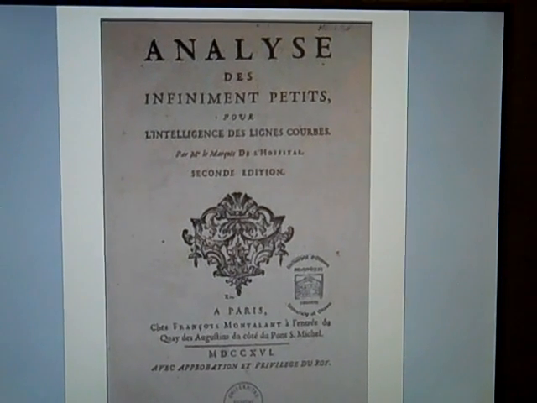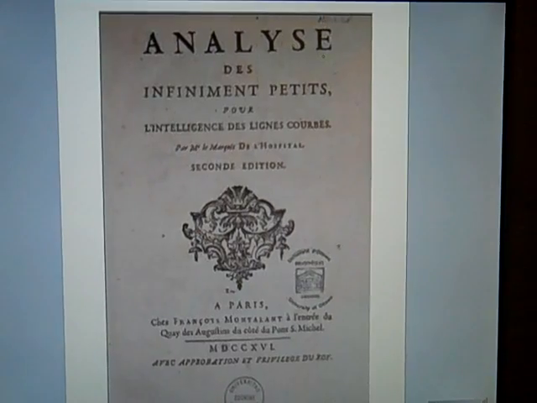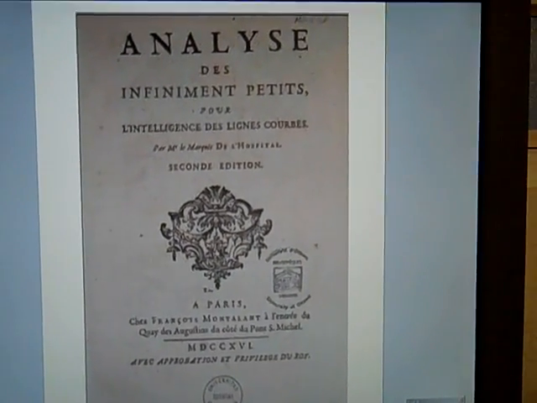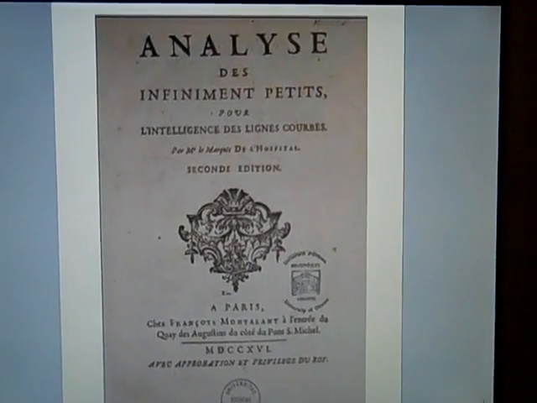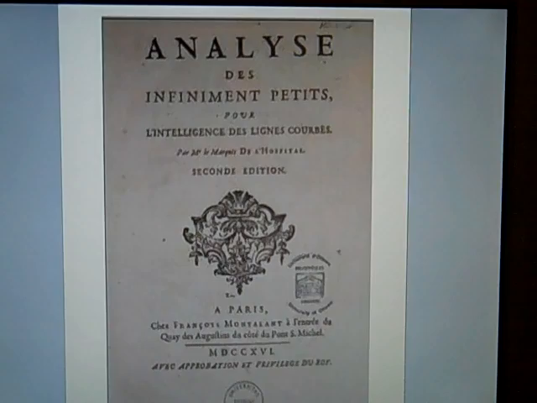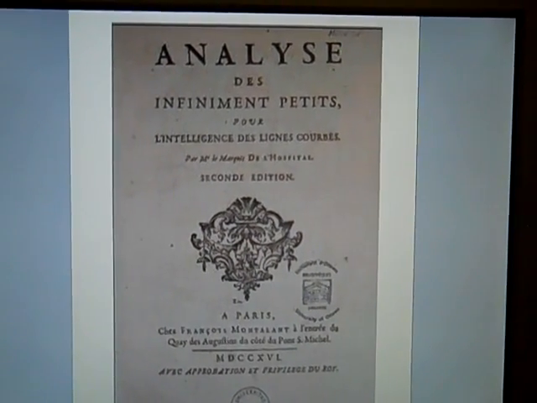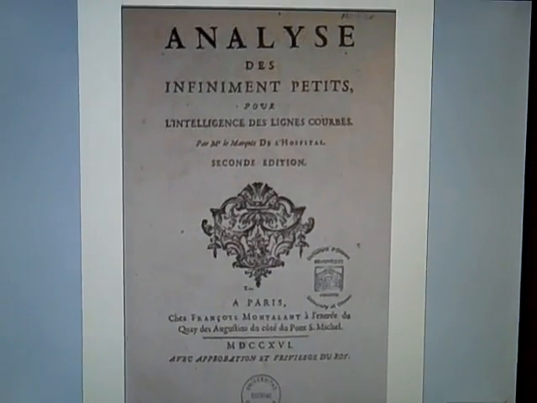And so L'Hopital paid Bernoulli like 300 francs a year, and Bernoulli would give L'Hopital all his results. The catch was Bernoulli was not allowed to publish them. So L'Hopital wrote this great book, and he was a good writer, and he understood the math. He just wasn't creative and inventive, so he didn't do it himself. So he published this book, and then from now on we have L'Hopital's rule, and it was not even his rule; it's Johann Bernoulli's rule.